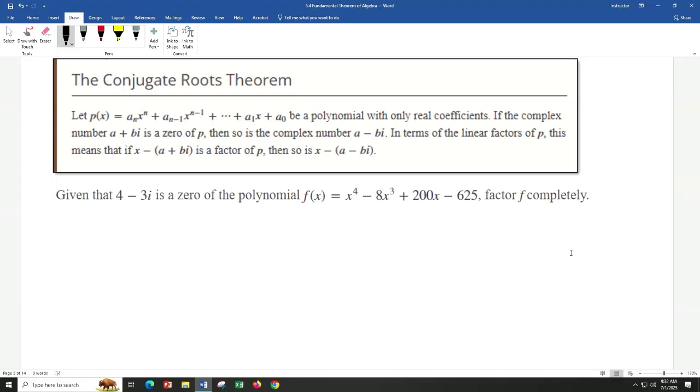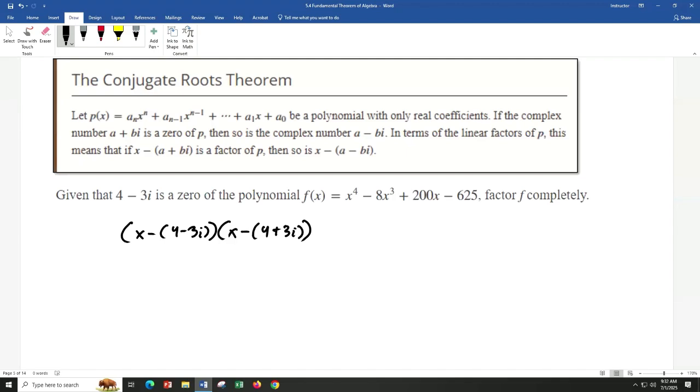So realizing that both of these are factors, I can write it like this. x minus (4 minus 3i), x minus (4 plus 3i). Right, those are just factors, right? I'm saying x minus because remember x minus c is my formula for this. I just plugged everything into the formula.